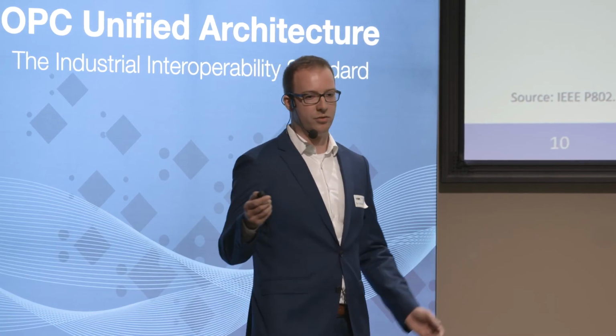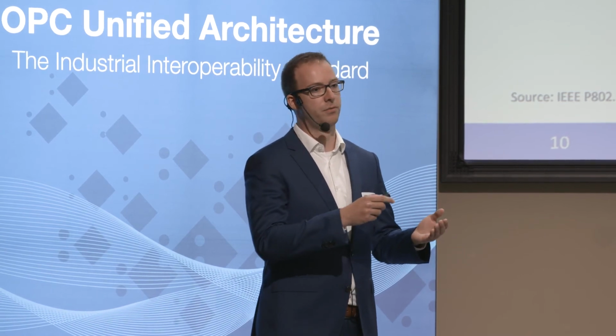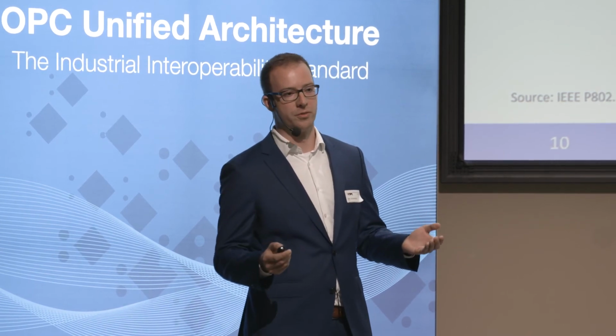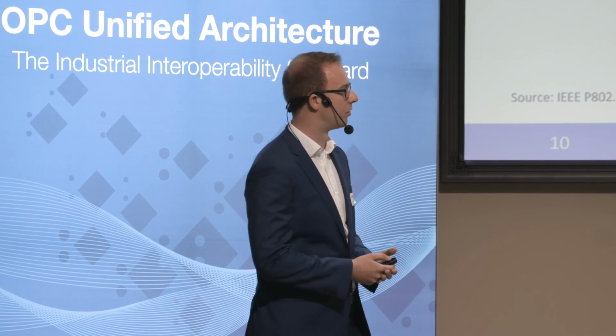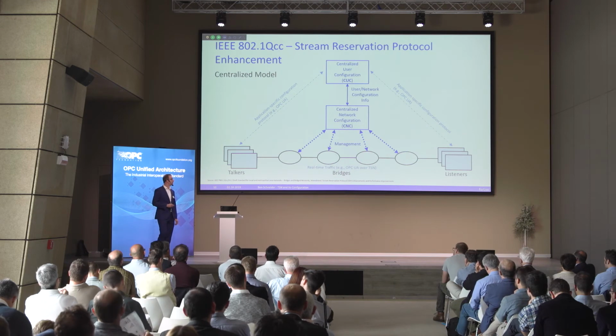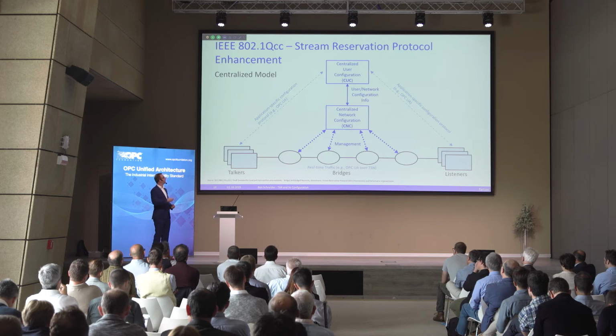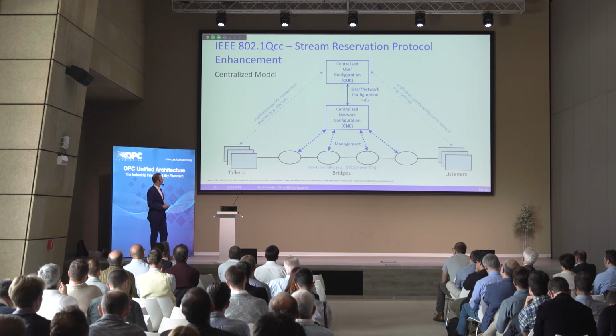For example, the schedules for the Time-Aware Shaper that we just saw, or any kind of parameters for time sync protocols, and so on and so forth. Once this is done, there's a network management interface to the actual bridges, which then will be used to deploy the configuration that is calculated in the CNC. And that's the general idea of the centralized approach.